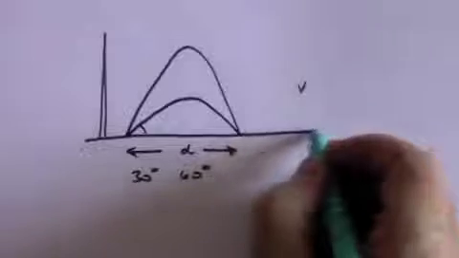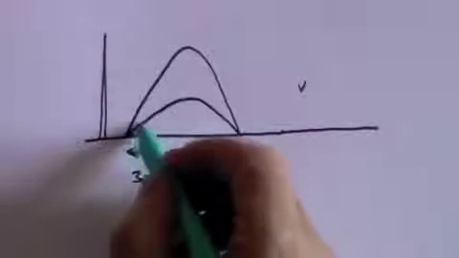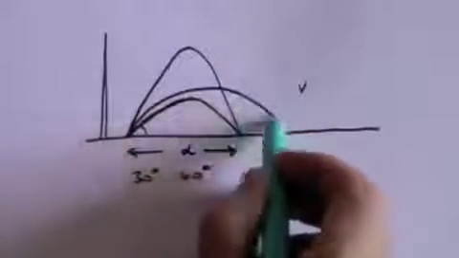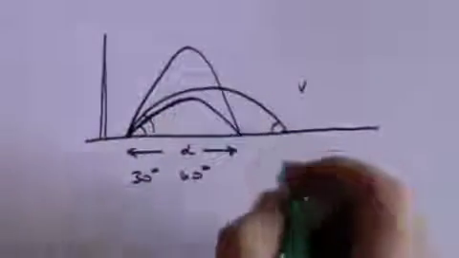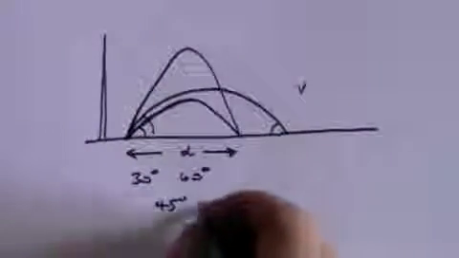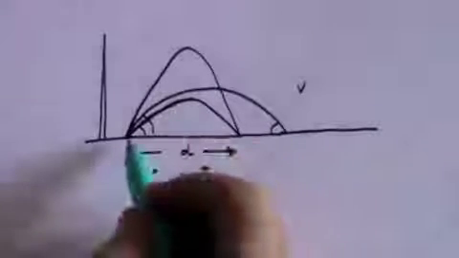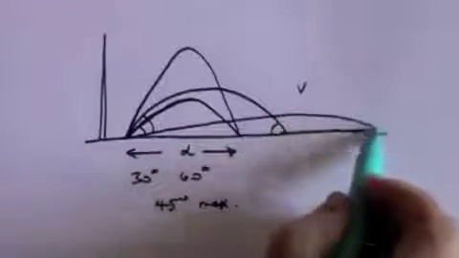And that you get, for any given velocity, the maximum range when you've got an angle of 45 degrees. 45 degrees gives you the maximum. If you go at a lower angle, you might think that a lower angle would get you much further.